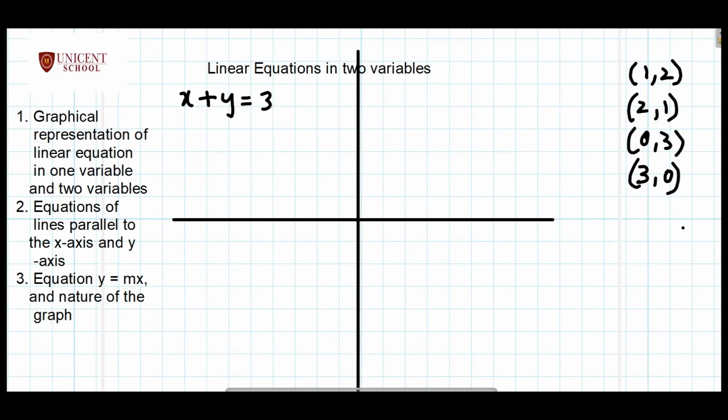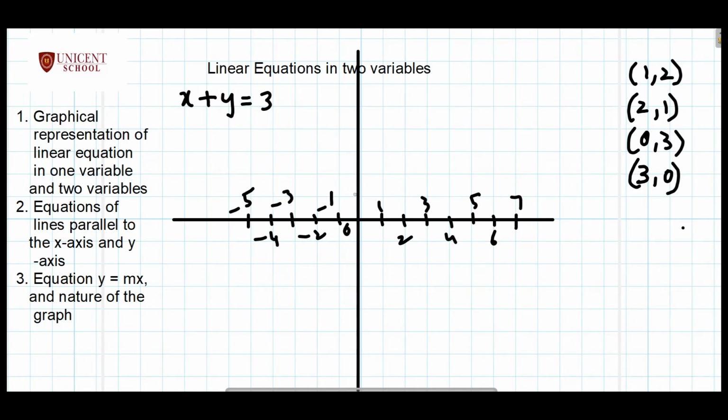Yeah, this is our y-axis. And let us plot the scale on the plane. So this is 0, 1, 2, 3, 5, 6, 7, minus 1, minus 2, minus 3, minus 4, minus 5.